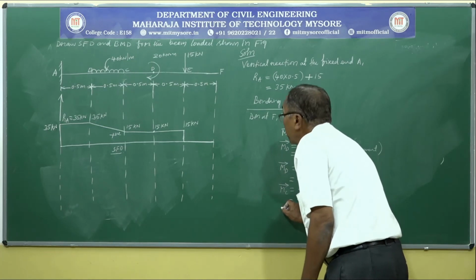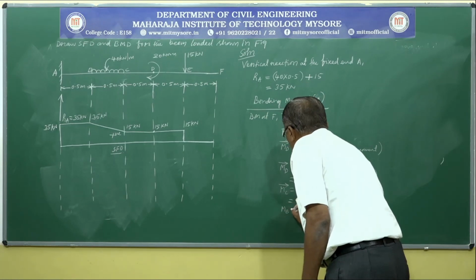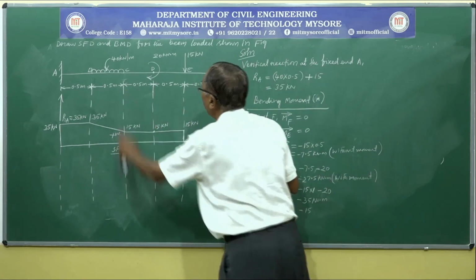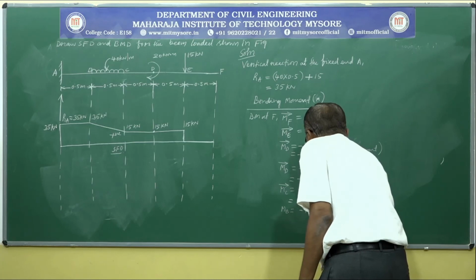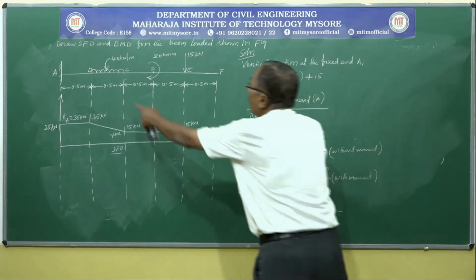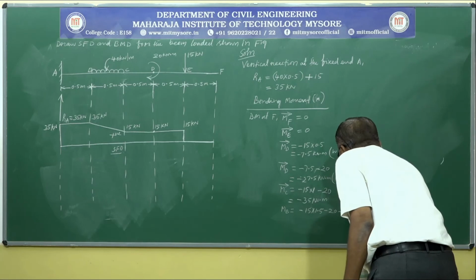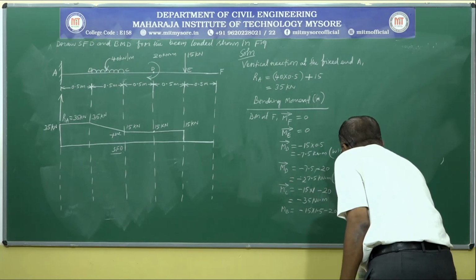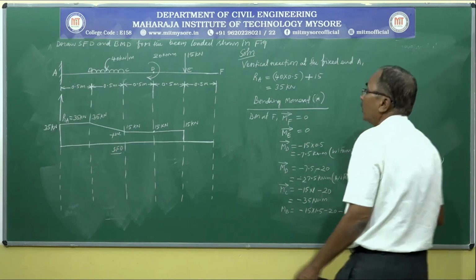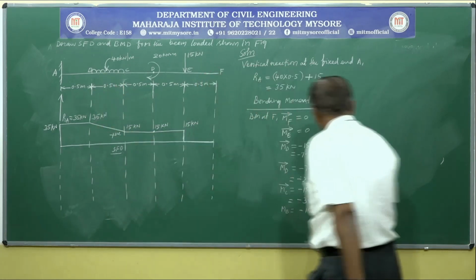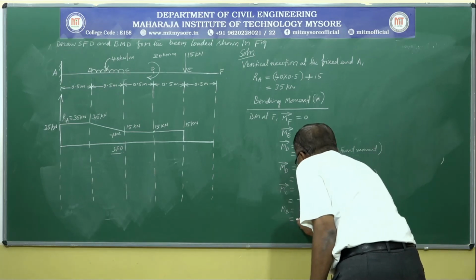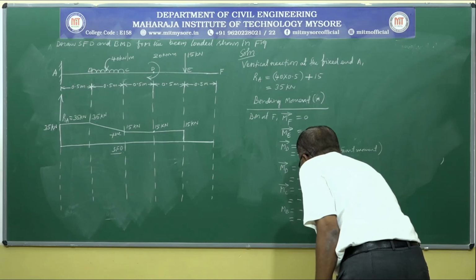Next, bending moment at point B, MB is equal to minus 15 into 1.5, minus 20, minus 40 into 0.5, this is to convert UDL to point load, and the distance is 0.5 by 2, that is equal to minus 47.5 kilonewton meter.